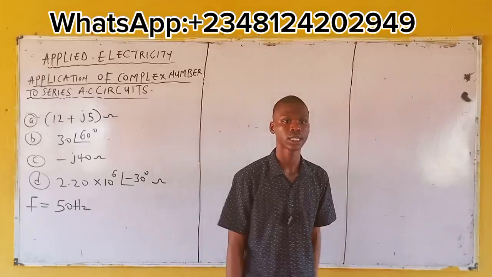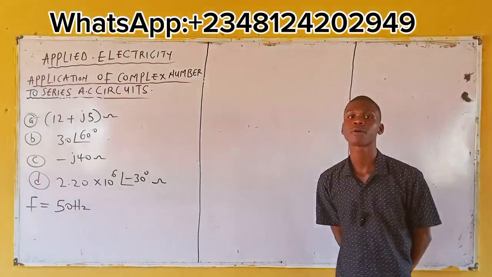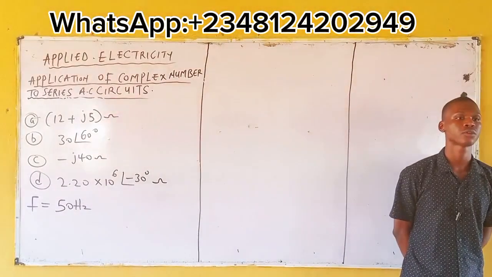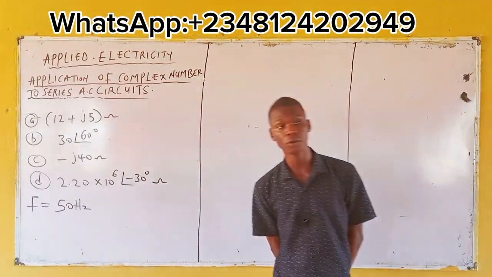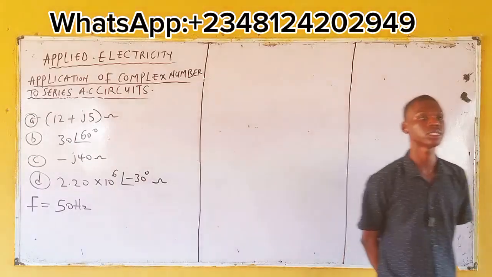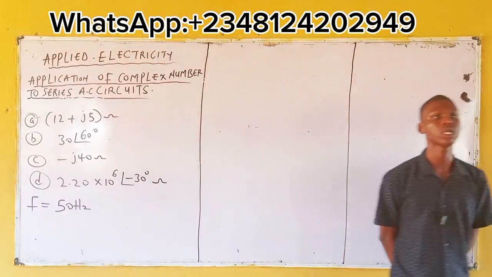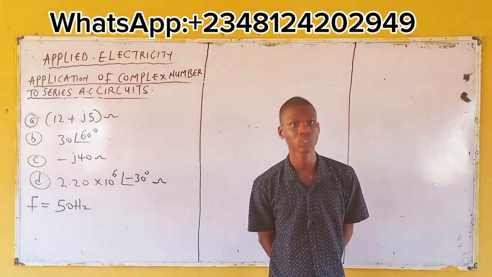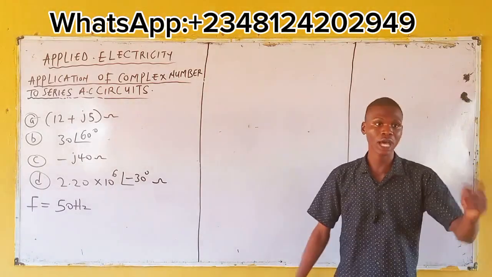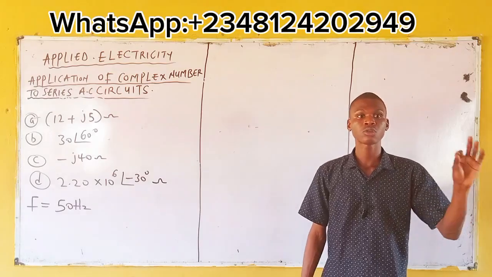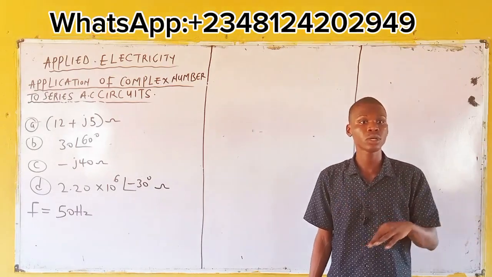Now, from what we've explained, from our circuit diagrams, we have impedance in different forms. We have impedance in an RC circuit, in an RL circuit, and also in an RLC circuit. The question was not specific; it didn't tell you the type of circuit.